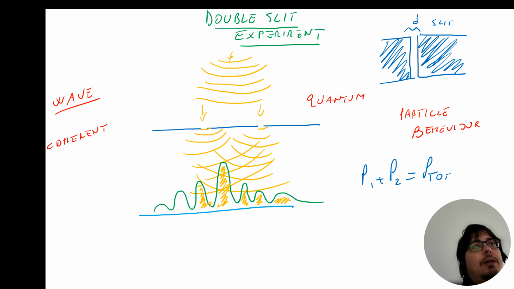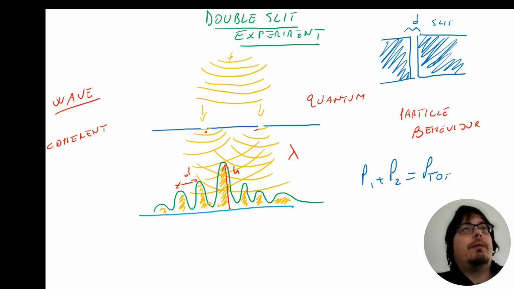This is possible because these are two waves that interfere. Depending on the distance and the width of the slit, you can get different fringes with different width here, D, and different height, H, depending on the distance here and the wavelength lambda of your wave. And this is called interference.